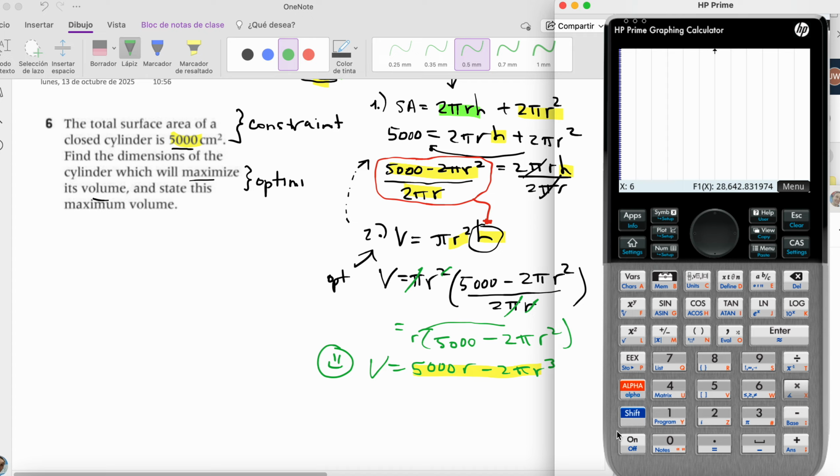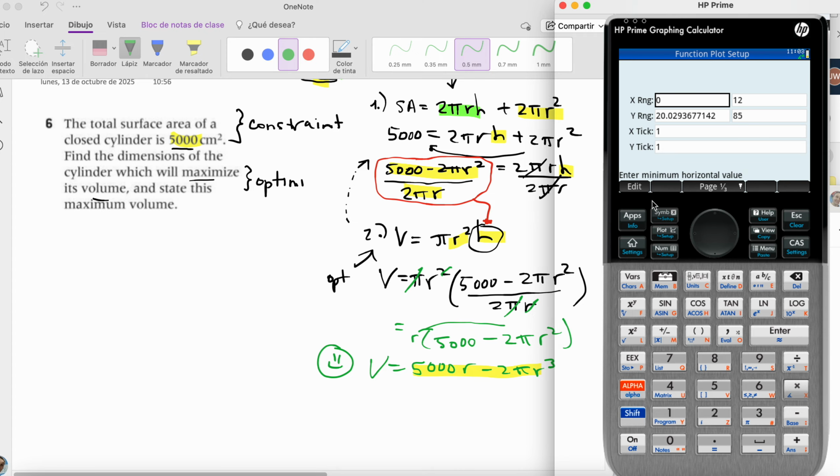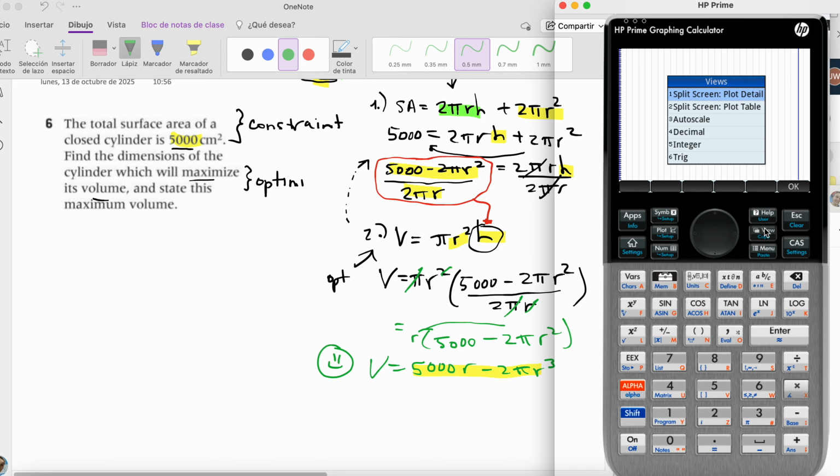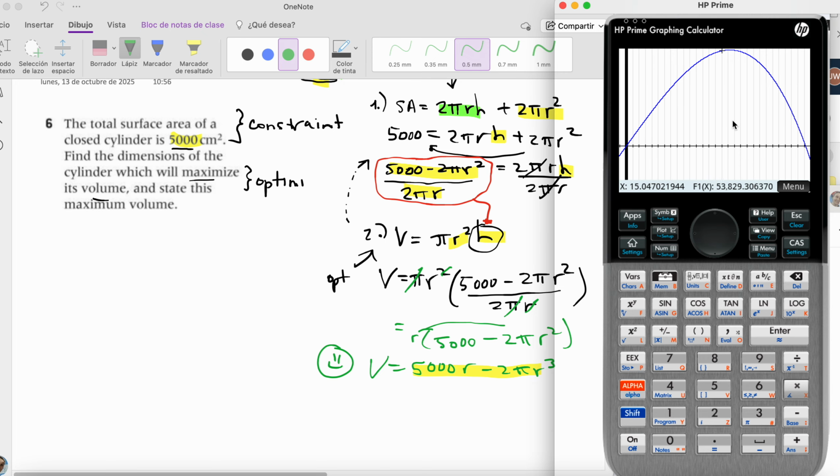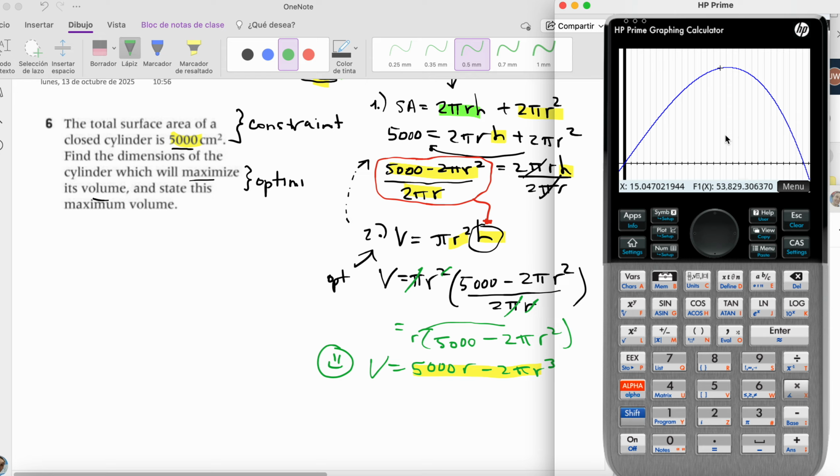The radius is not going to be very big, because it's only 5,000 in total. So you might want to make it maybe 0 to 30, and then remember, auto scale. Do remember that actually you don't need any of the negatives.